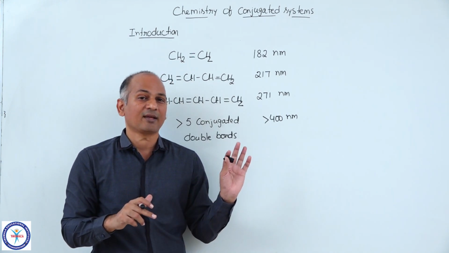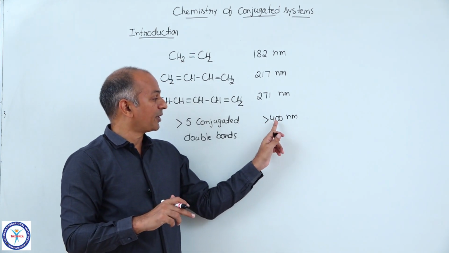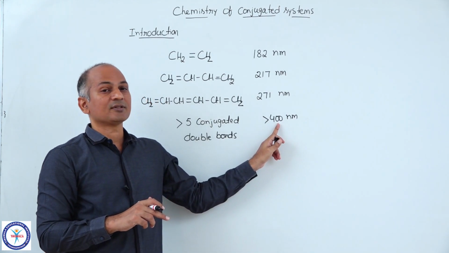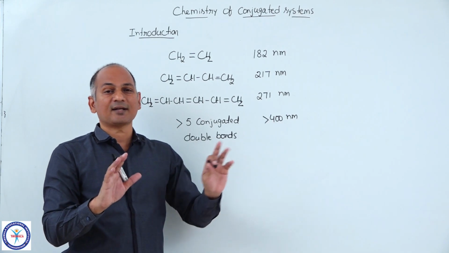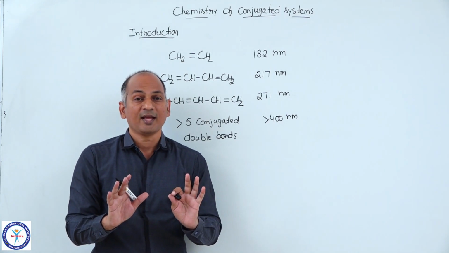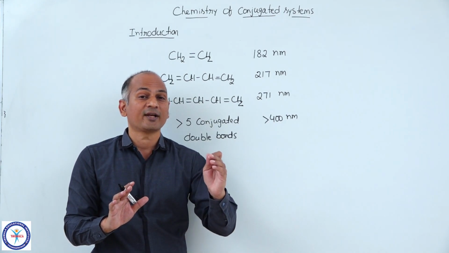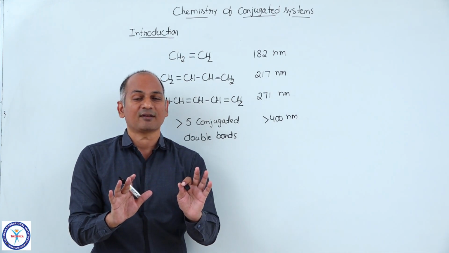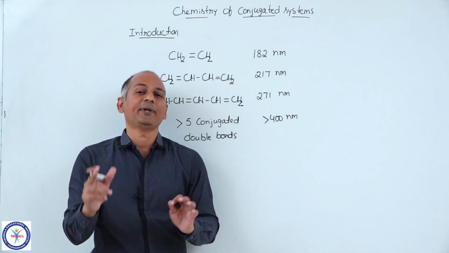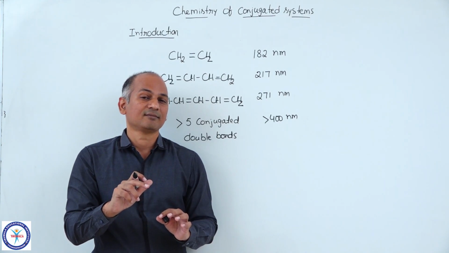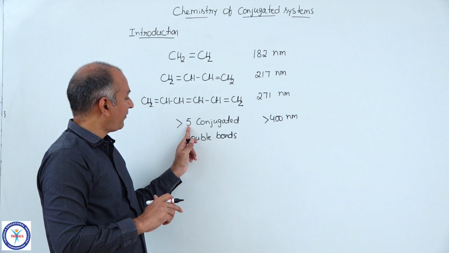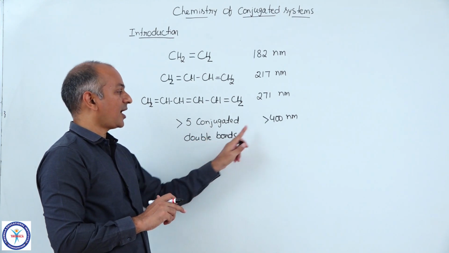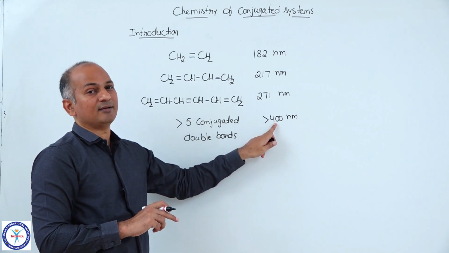Same thing here. Suppose an organic compound absorbs 450 nanometer wavelength, that is not the observed color. The observed color is the complementary color of that one. So those organic compounds which have greater than 5 conjugated double bonds are expected to be colored.